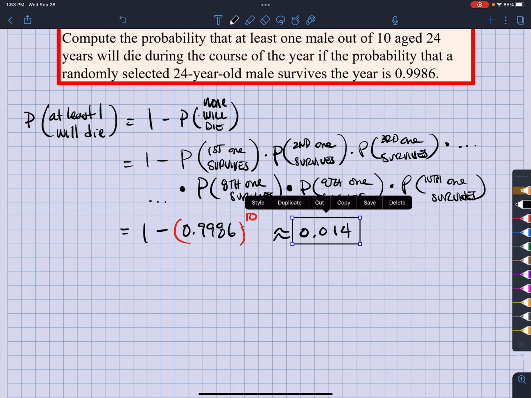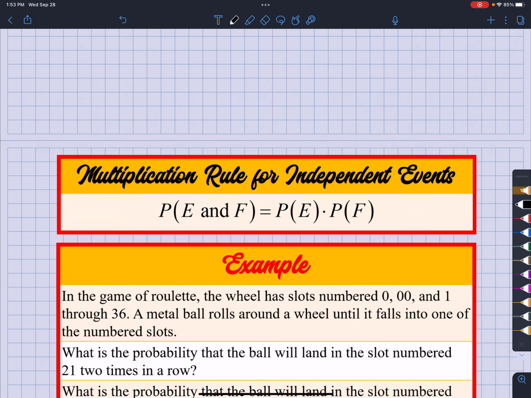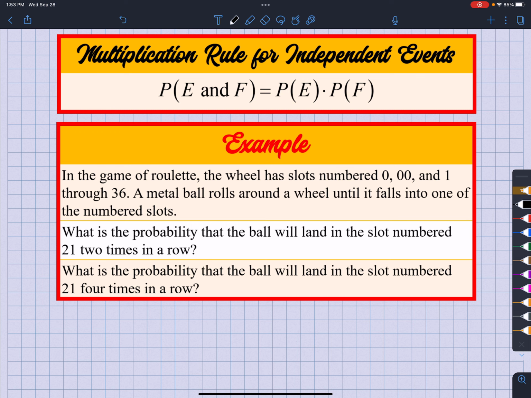All right, so the next example: the multiplication rule for independent events. Notice what we have here. If event E and event F, then we would multiply. Because of the word "and", we're multiplying.